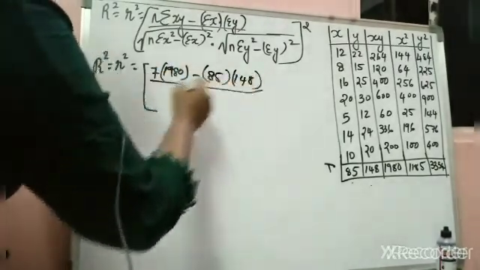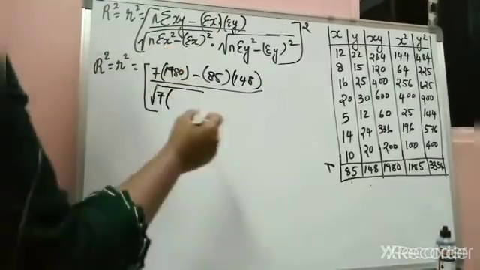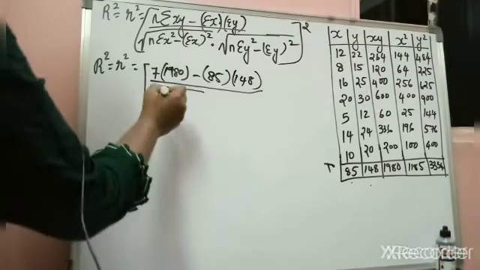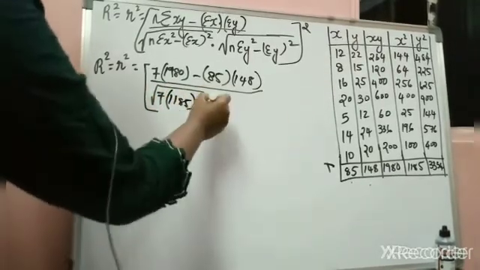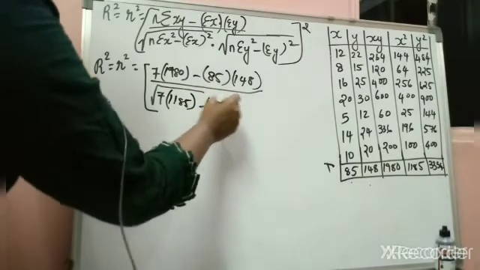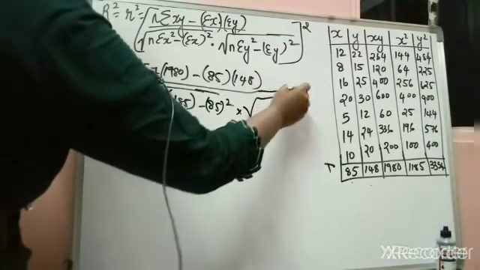Then divide, then square root, again n is 7, again sigma x square is 1185 minus sigma x the whole square, that is again your 85 the whole square, then multiplied by again the square root.